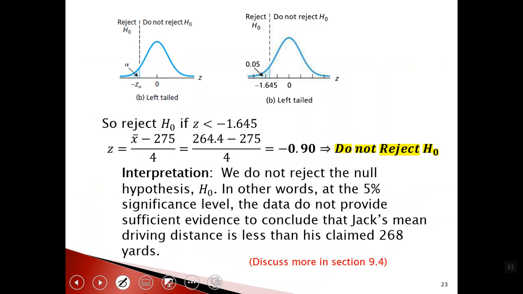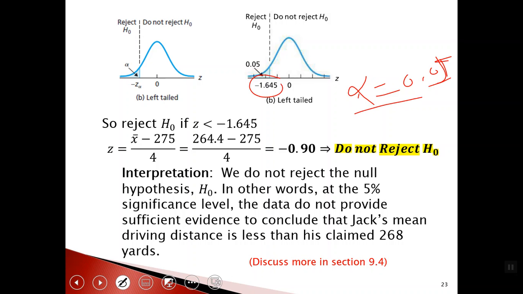Now, what is this left tail test? I told you if they haven't mentioned alpha, you can take alpha equals 0.05. With a 0.05 left tail test, according to this alpha, what is the z value? Negative 1.645. Why negative? Left-hand side, left tail test.